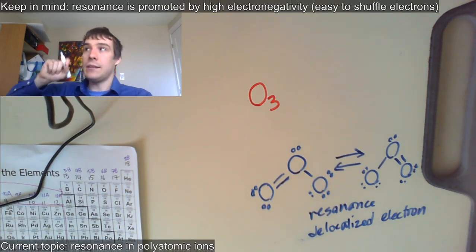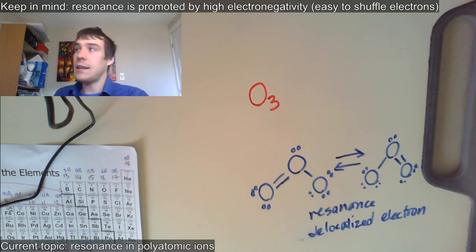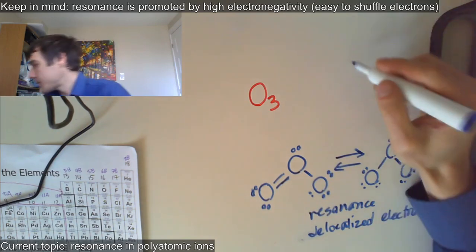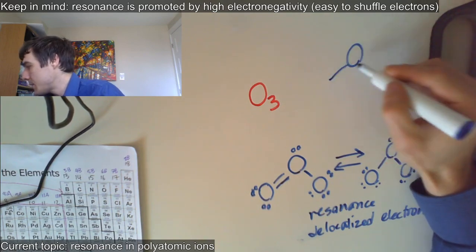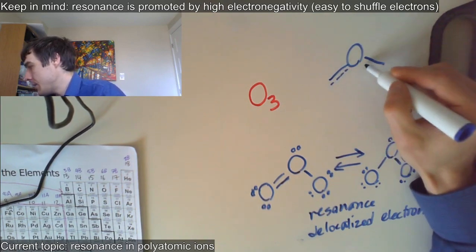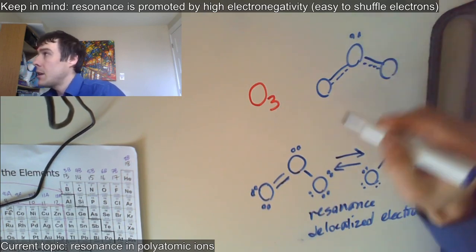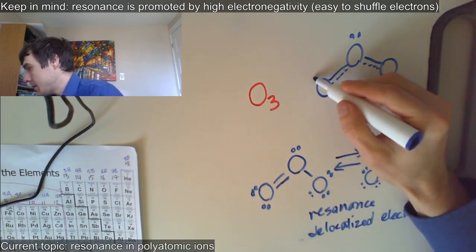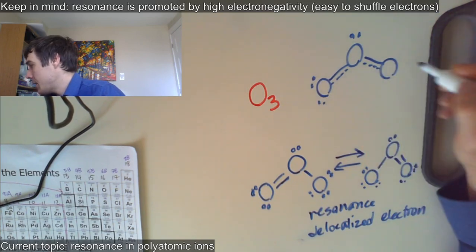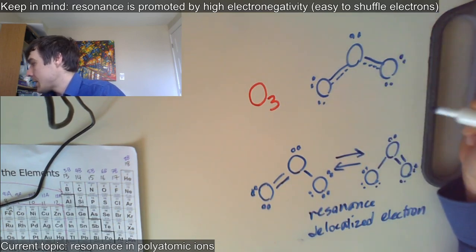Basically, that electron gets shuffled back and forth between the two oxygens, and it reduces the formal charge on each one. What do I mean by formal charge? Well, here's another way to draw it: you have a dotted line. It's almost like a 1.5 bond, and you'll end up with something that looks like that.